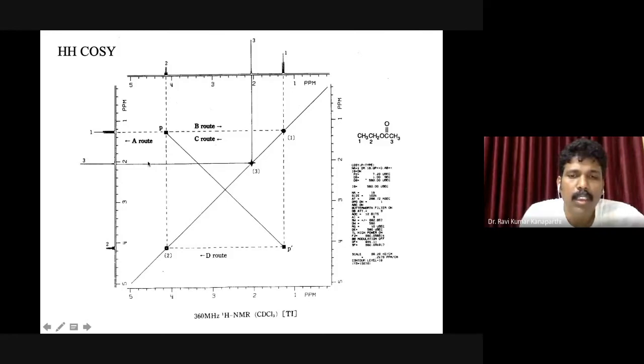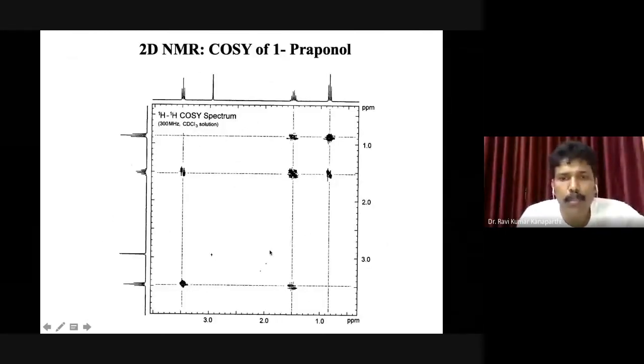I forgot to tell you that you can proceed to explain this. As I said, it is a symmetric spectrum with respect to the diagonal line, and you can use the same strategy. You can take the upper half, the left-hand half or the right-hand half to explain the concept.